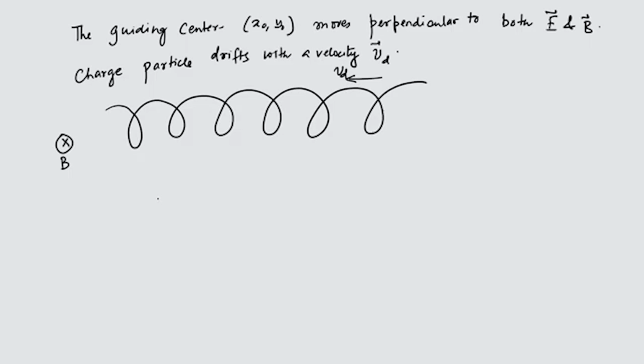In this case, it is the plane of this whiteboard that you are seeing, and we have the electric field in this direction. So one is piercing inside the board, and the electric field is in this direction, and then the drift happens in a direction which is perpendicular to both, which in this particular case is from left to right.